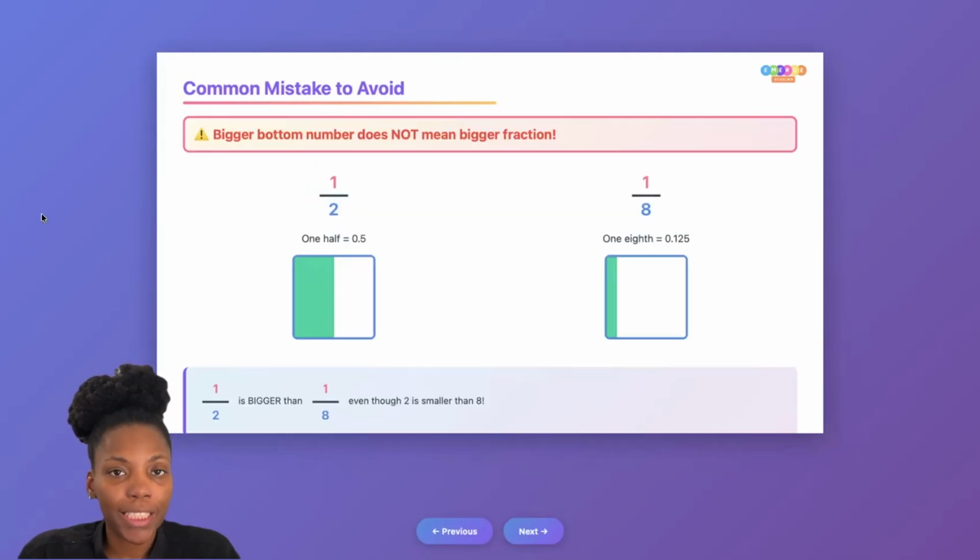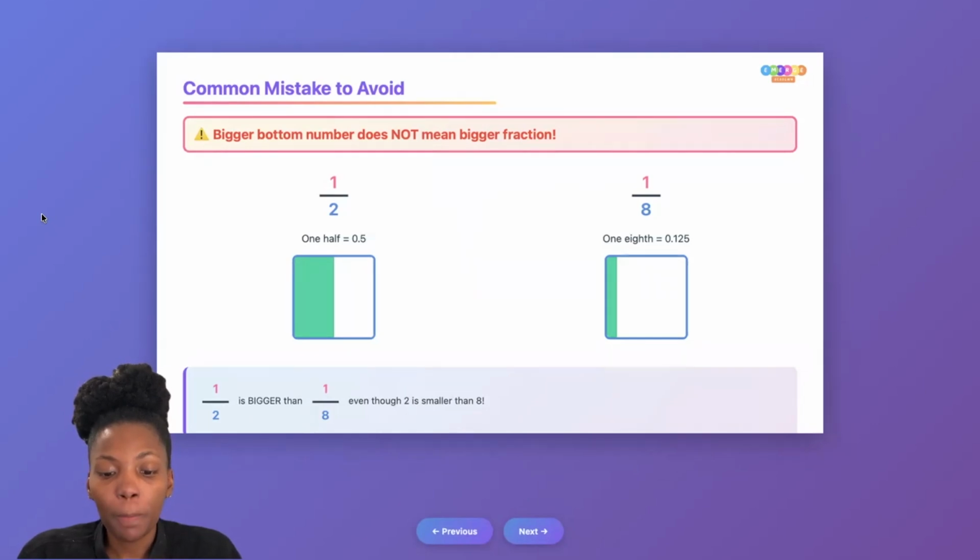Now, here's a common mistake to avoid. Bigger bottom number does not mean bigger fraction. For example, we have here 1/2, which many of us know as a half. A half can also be represented as 0.5 when we look at it as decimals, and we'll go into more depth on that a little later on. 1/8 can also be called 0.125 when we convert it to a decimal.